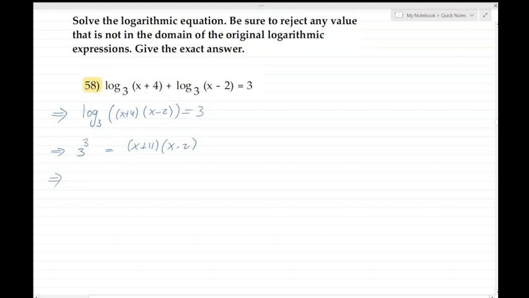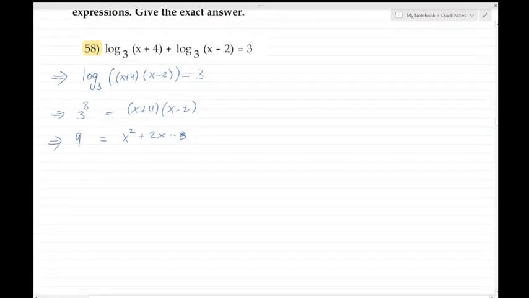So we have 9 equals x squared plus 2x minus 8. Four x minus 2x gives us 2x. I think that's correct. So at this point, we're going to move the 9 to the other side. So x squared plus 2x. And so negative 8 minus 9 is 17.